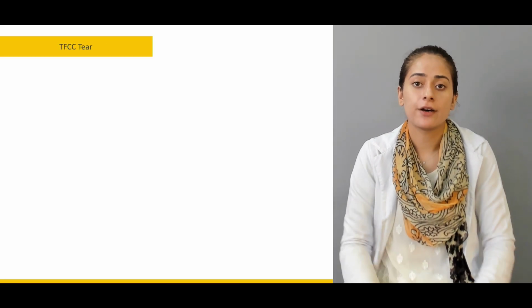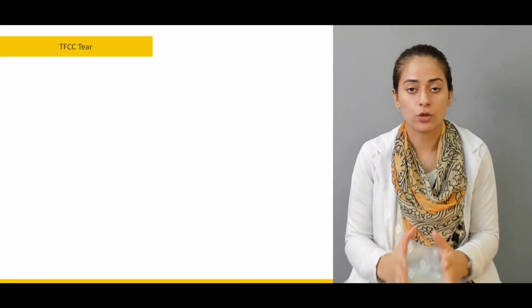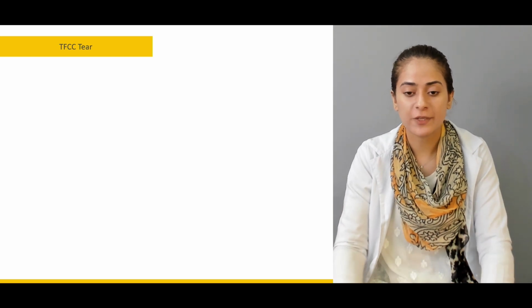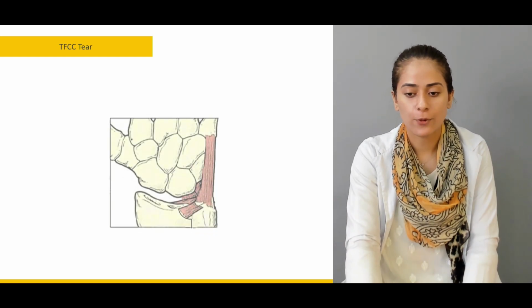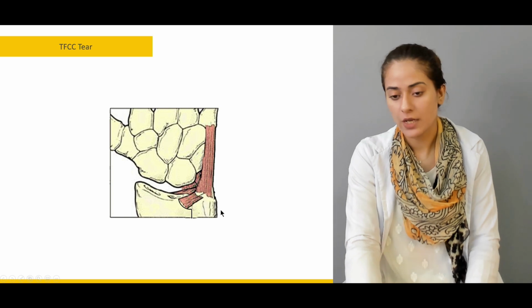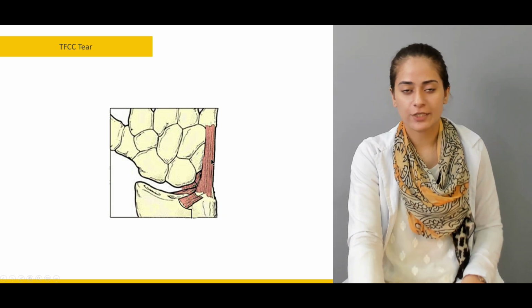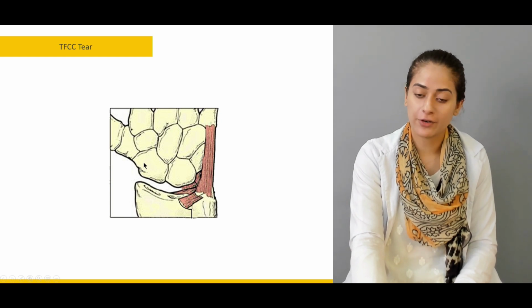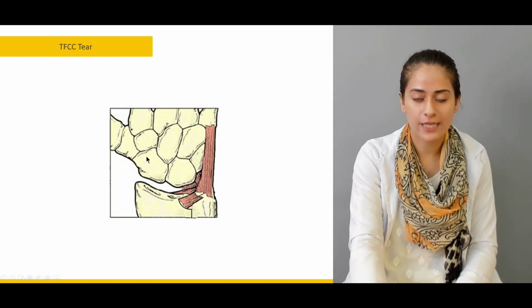Now we're going to talk about TFCC. We have talked about it in detail as well. Let's just repeat it real quickly. So again, these are the carpal bones and the radius and ulna. So let's name them again, because I can't stress enough on this, because it's very confusing. So this again is the scaphoid.